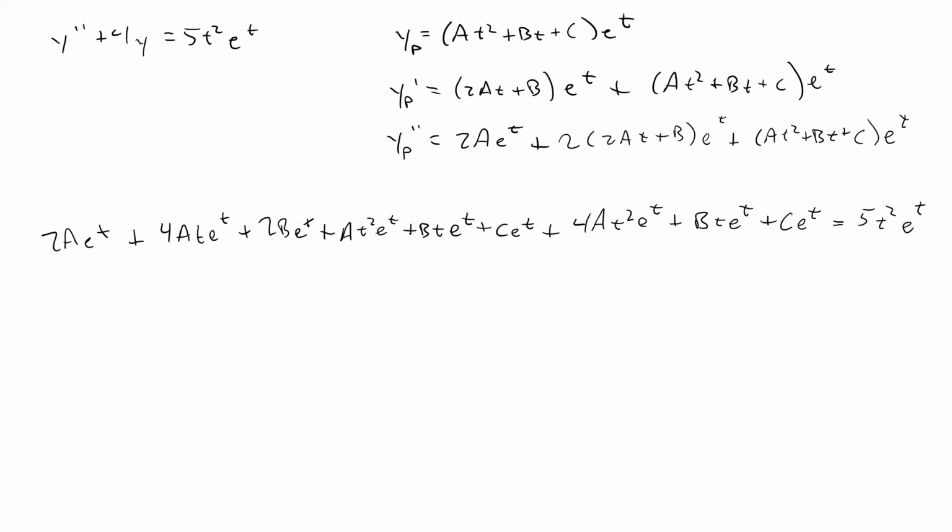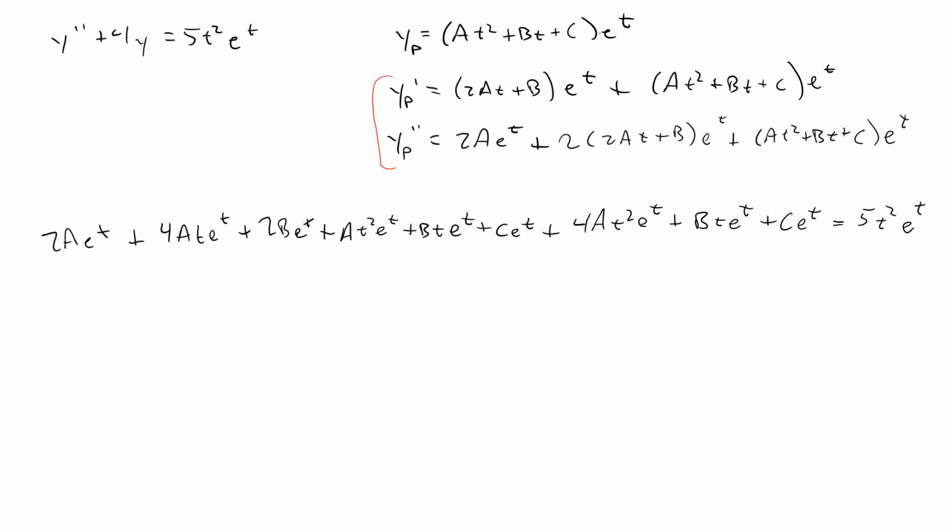I may have organized my answer in a slightly different way from yours, but take a look at your derivative and second derivative and make sure that in the end they're the same thing. If they're not, then what you probably forgot is to use the product rule. This is a product of two functions, and so the derivative involves the product rule. If you do the product rule correctly, then you'll get these derivatives I have written here.